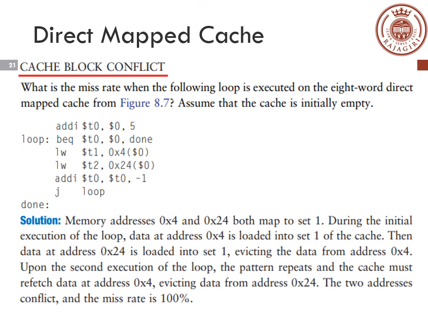It gets updated with 4, and in the next step it again gets updated with 24. So it is a continuous loop, and every time the data in the cache has to be replaced. So in this case you can say that the miss rate is 100%. Why? Because first it loads 4, and next time when it comes as 24, 4 has to be replaced, and only then can you update 24. So in this case, the miss rate is 100%.